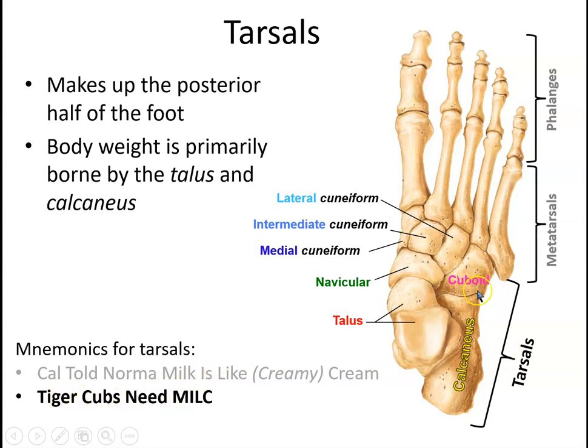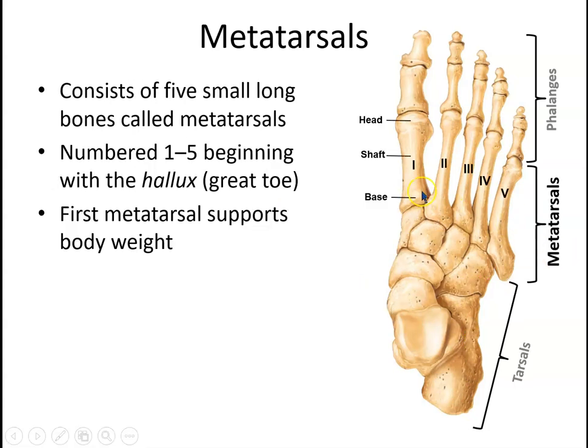So those are the tarsals. The metatarsals are numbered the same way the metacarpals are, 1 through 5, but instead of the pollex thumb, you have the hallux, big toe. And so metatarsal 1 would be the most medial part of your foot.